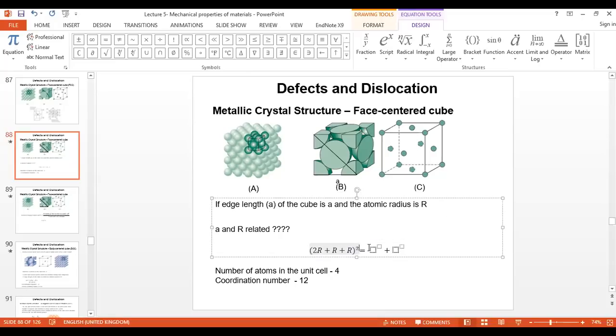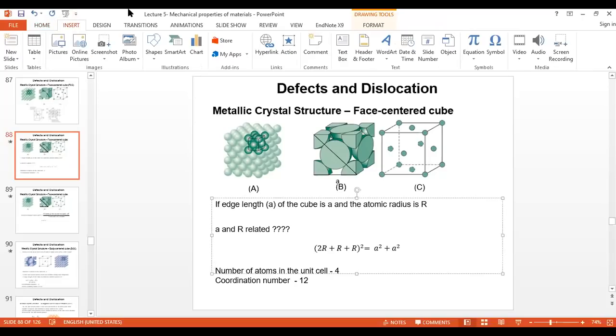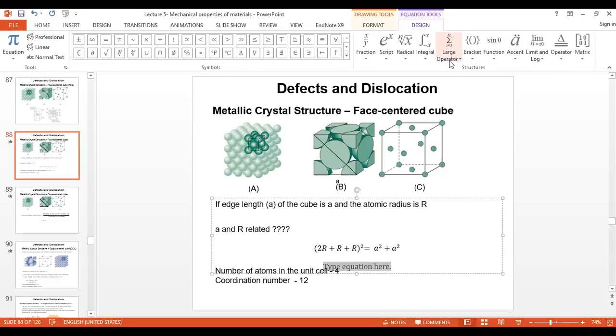Yeah, applying the Pythagoras theorem. So this length is equal to the square root of this one and the square root of this one. Both sides are A because this is a cube. Right? So this is A square plus A square. Okay. So you can simplify this equation like this.